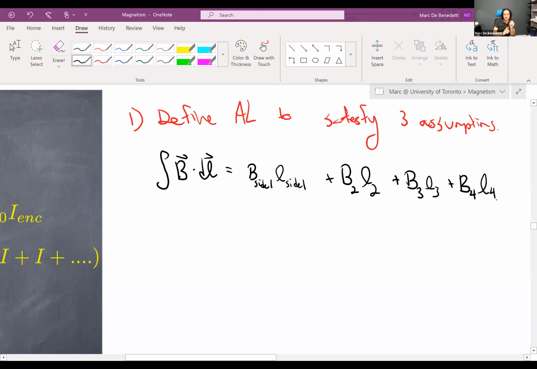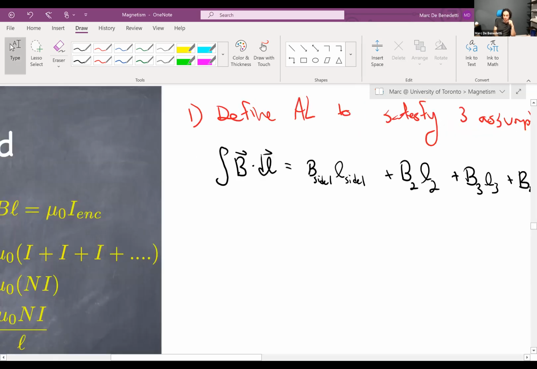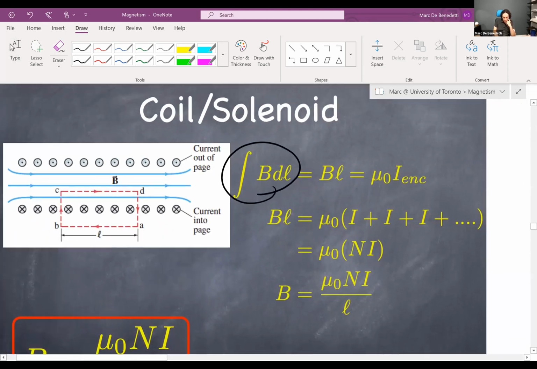Okay, that is how we are going to use this rectangle. When we integrate over the rectangle, we break it into 4 integrals, 4 different sums, because there are 4 parts of the rectangle.